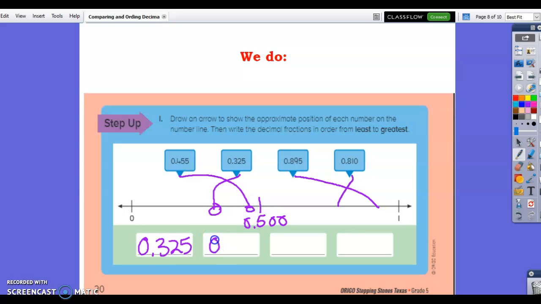It is 455 thousandths. And then your next one is going to be here, which is 810 thousandths. And your last one is 895 thousandths. And that is our beginning practice of today.